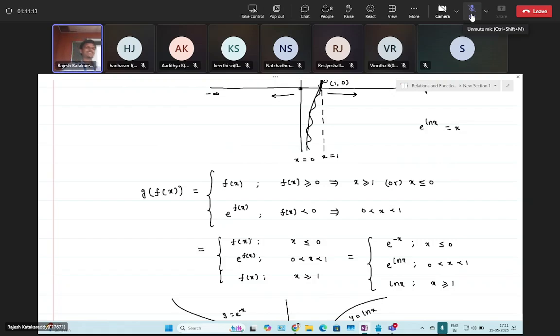What, he cannot draw that? Graph you are not able to draw. He is copying from my note.